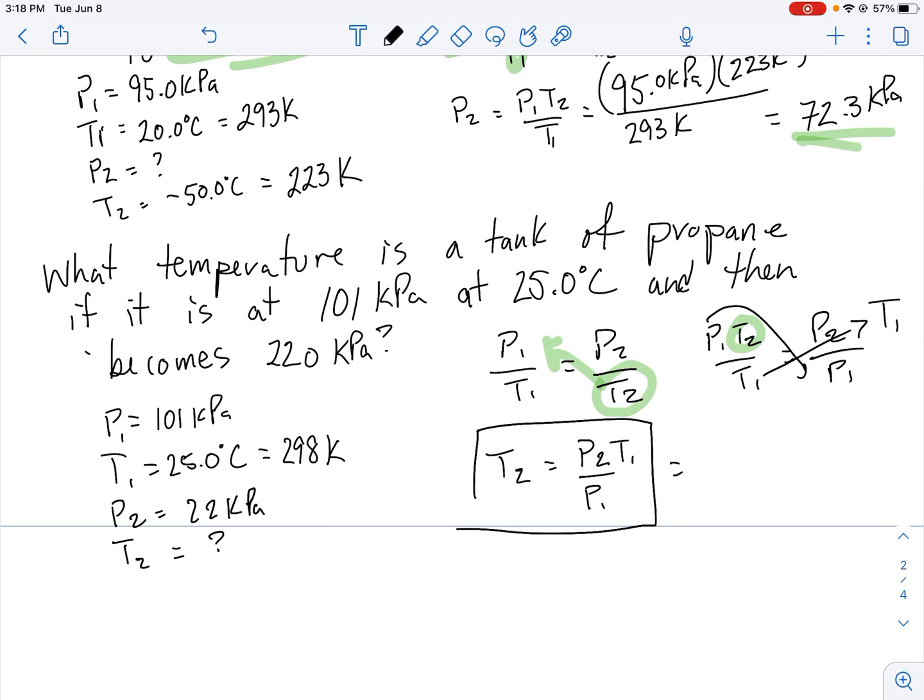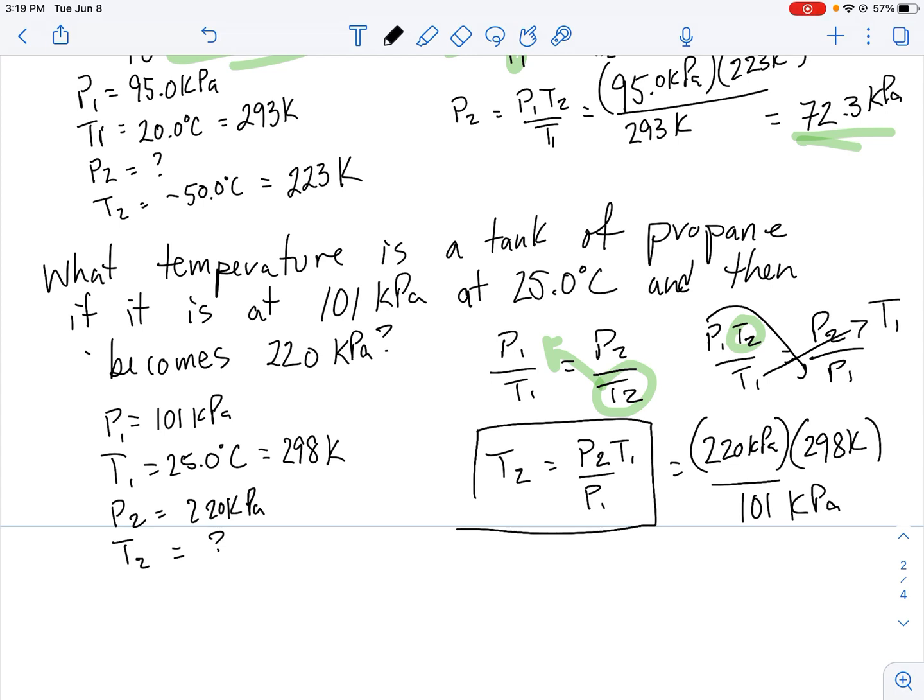So I'm going to substitute in. My P2 is 220 kPa. I can see I copied that down wrong here. And my T1 is 298 Kelvin. And my P1 is 101 kPa. Now my units agree here.